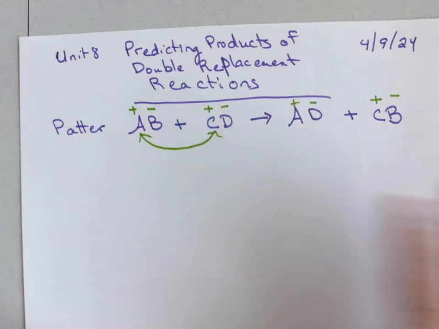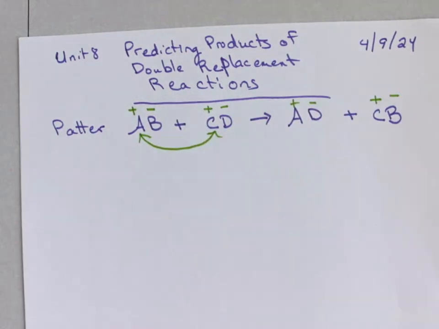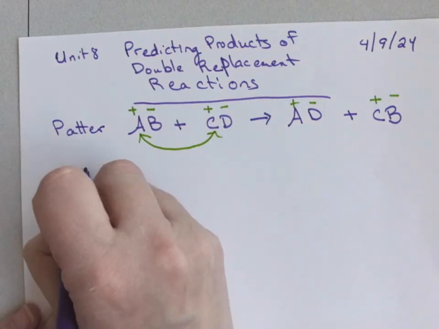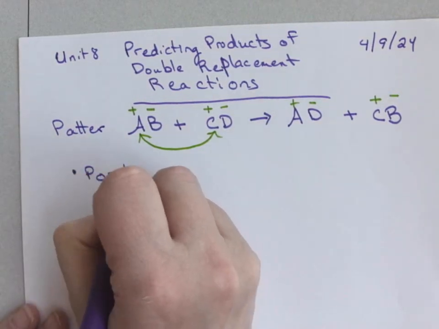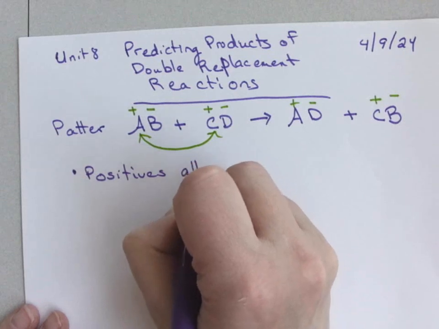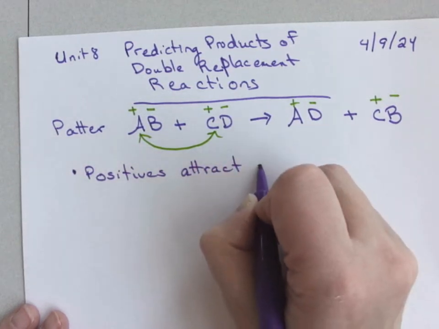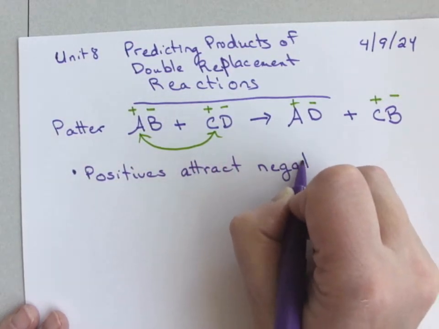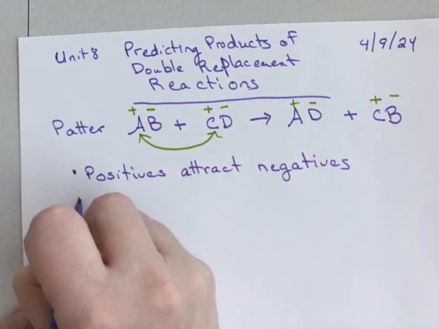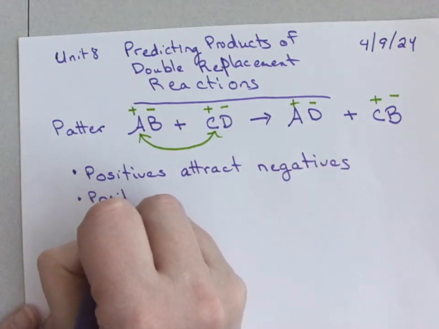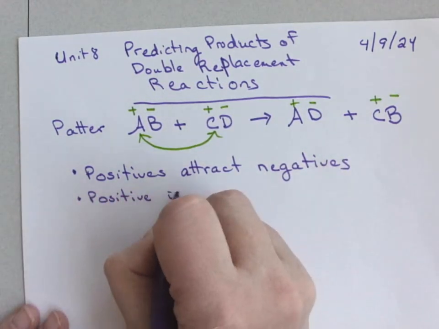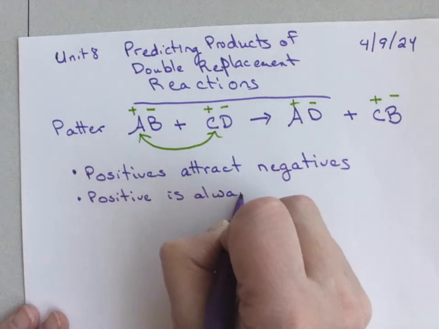We don't know what their charges are because they're just made up, but we know that they should be positive and negative. So positives, let's make a note here, positives attract negatives, and the positive is always written first.